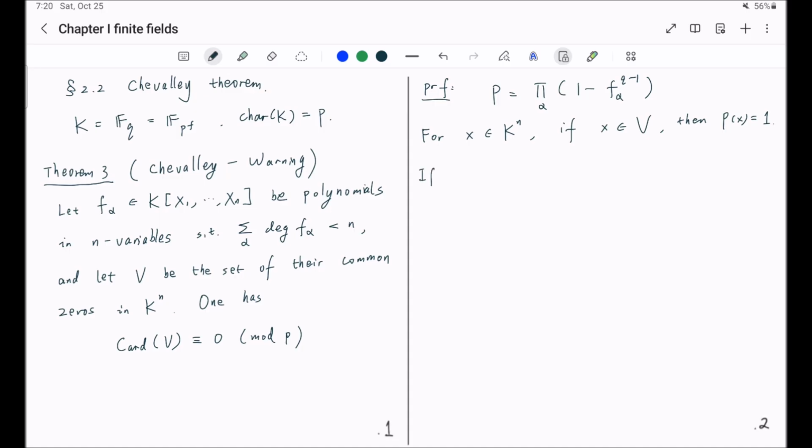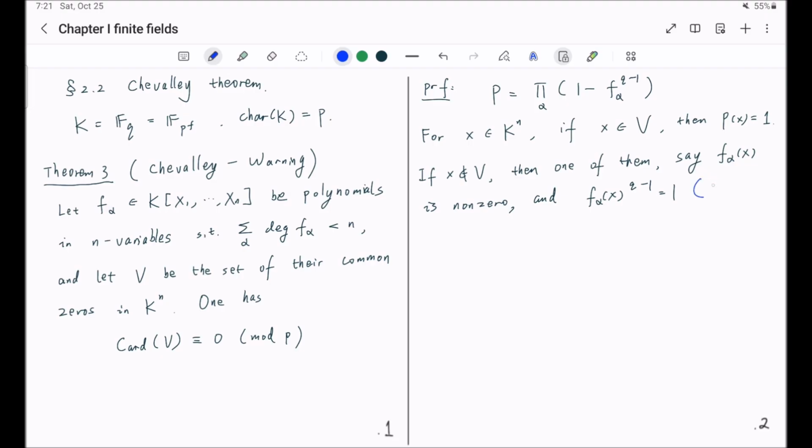Now if x is not in V, then one of them, say f alpha to the q minus 1, is non-zero. And therefore, its q minus 1's power must be equal to 1. Again, we have seen this many times.